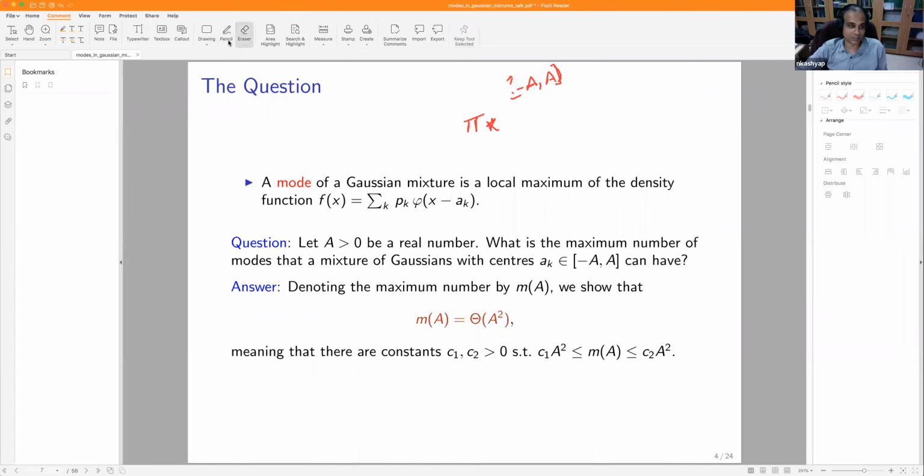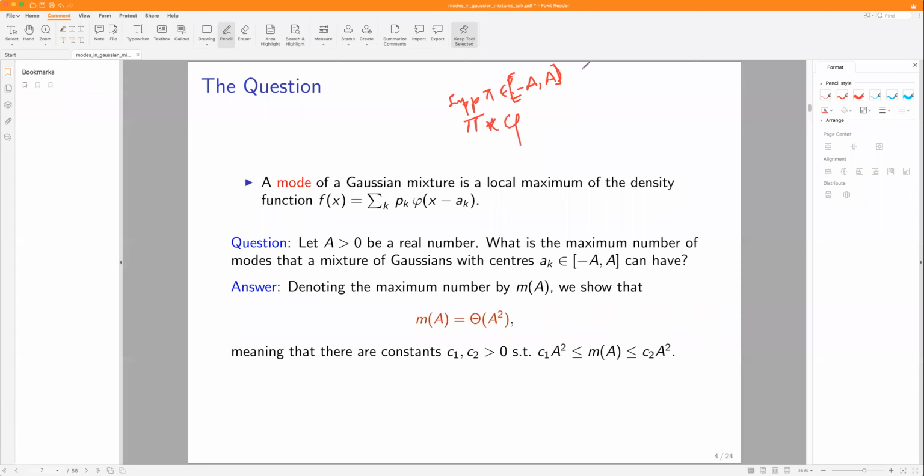I see, okay. So that is also fine. I was thinking that if capital K turns out to be very small, then order a squared seems a little too much of an overkill. Yeah, so we're not restricting K. That is a question that can be asked also, and I will touch upon it.